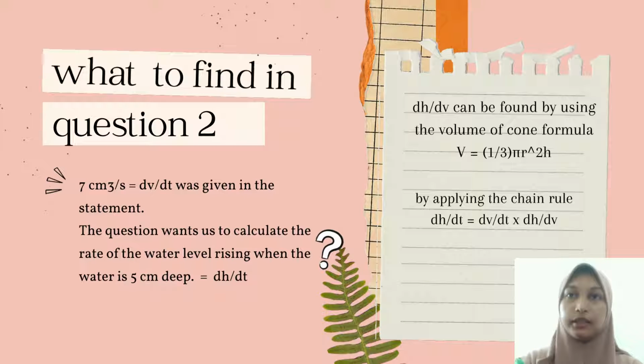By applying the chain rule, dH per dt equals dV per dt multiplied by dH per dV.